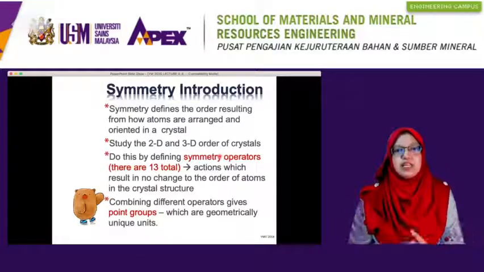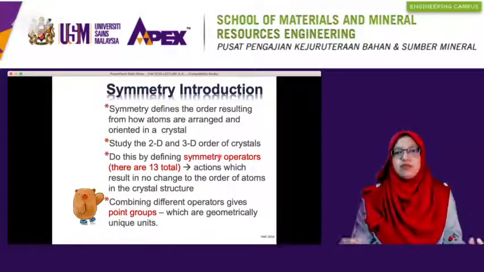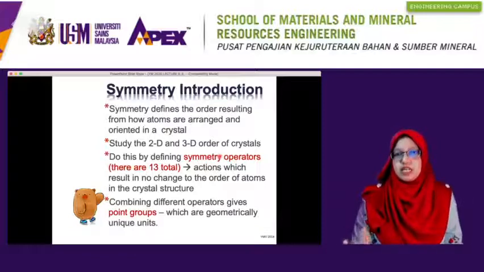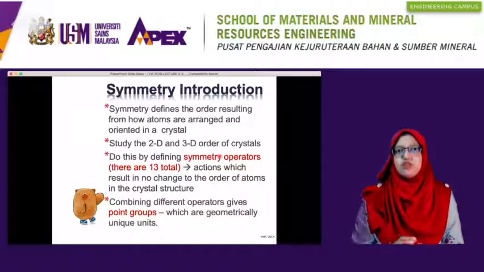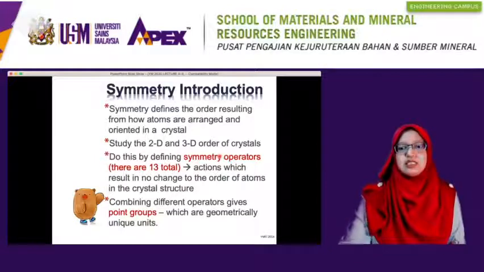Combining different operators will give us point groups, and in total we have 32 point groups. These point groups are geometrically unique units. Don't worry, we will learn about point groups towards the end of our course.